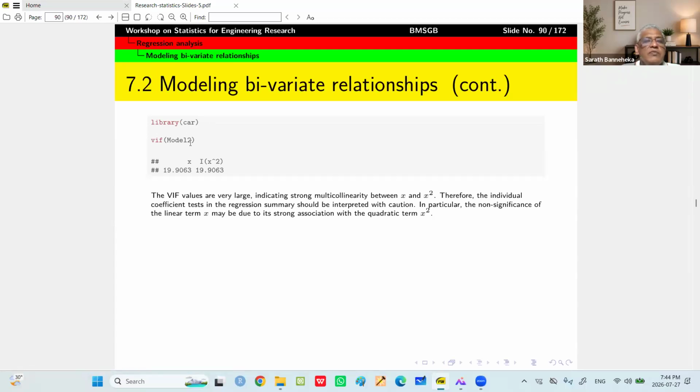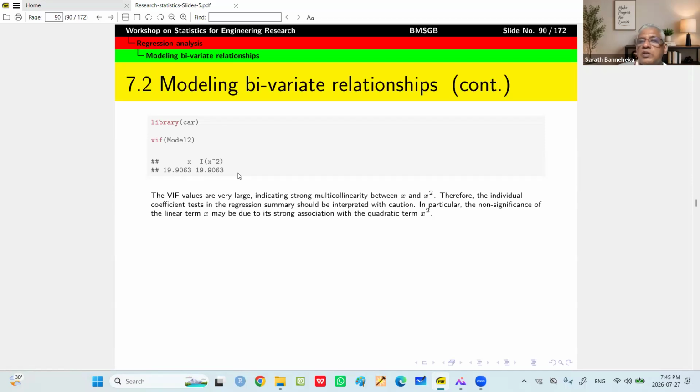First you have to install that package called car, then call library(car), and then say vif(model2) to get the variance inflation factors corresponding to the variables in that model. In this case, you can see that the variance inflation factors are 19, and that is actually considered a very high variance inflation factor.